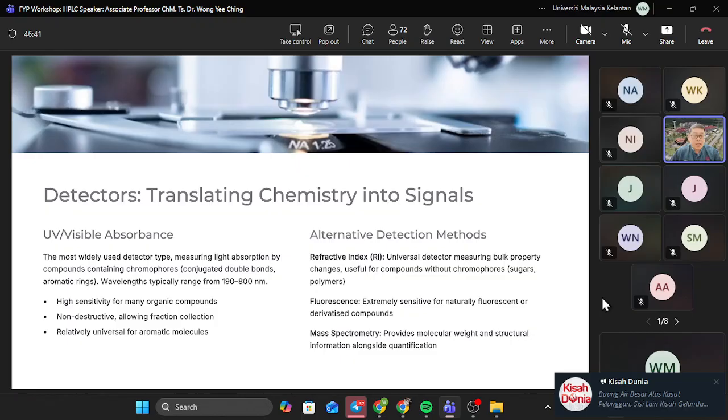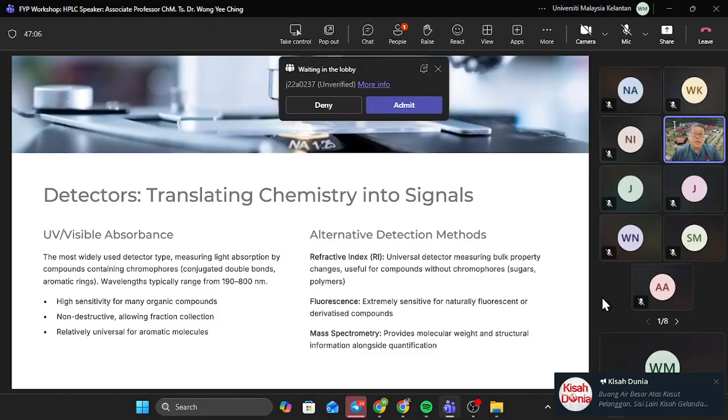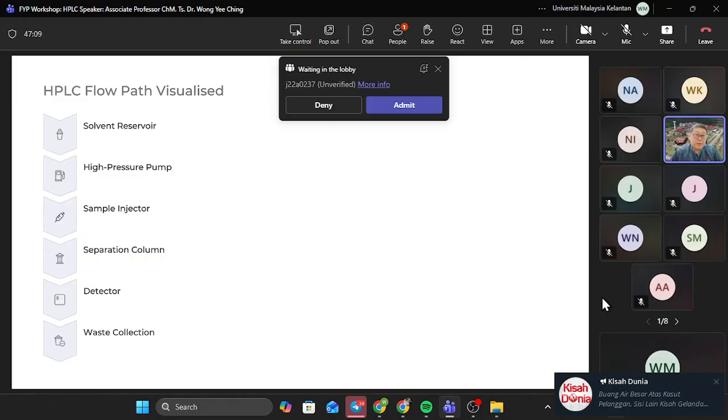Like SBT students, because I'm teaching the SBT, that's why I will be using them as the example. As the SBT students are going to do extraction from natural products, they want to know whatever compound that they are having in their mixture. This is one of the ways to actually identify it.